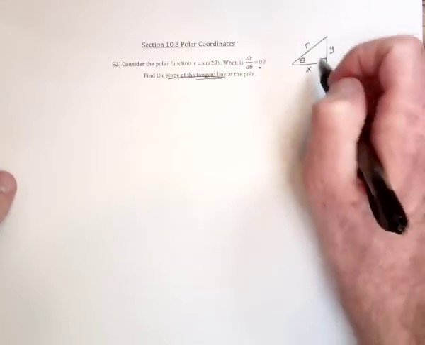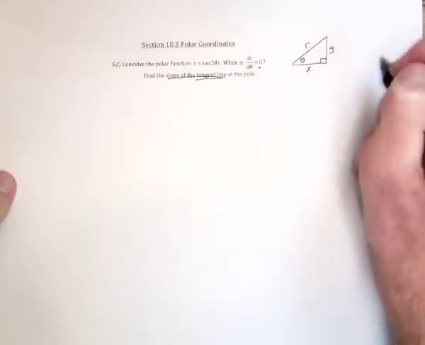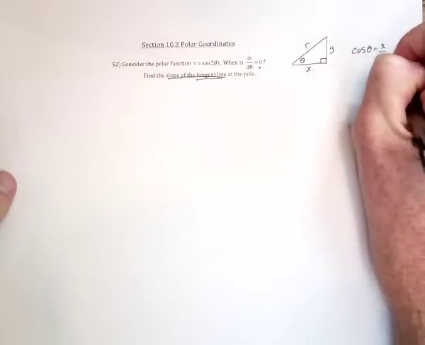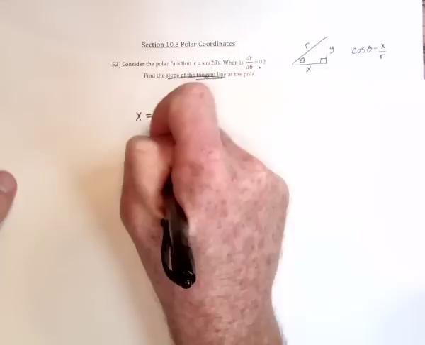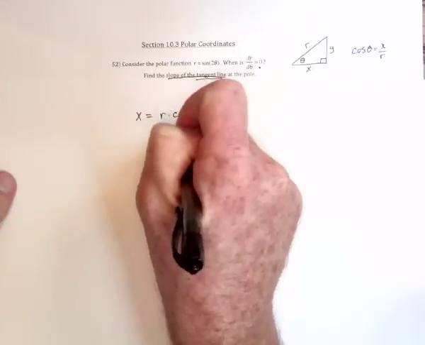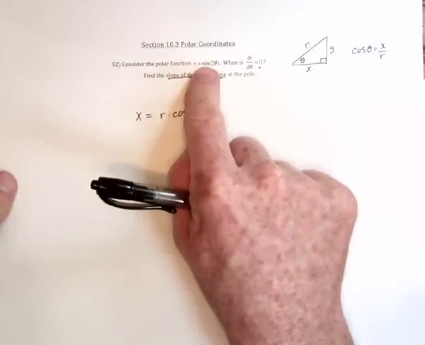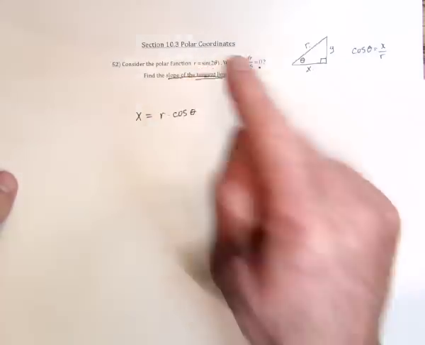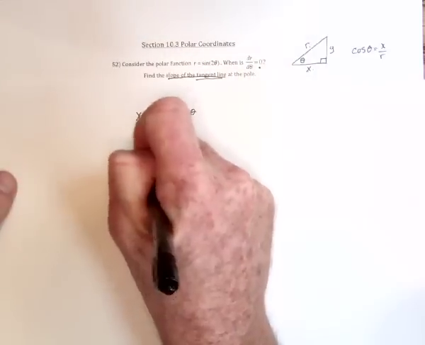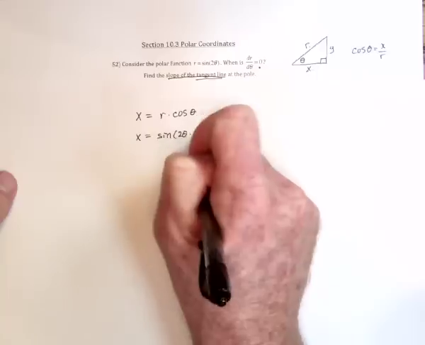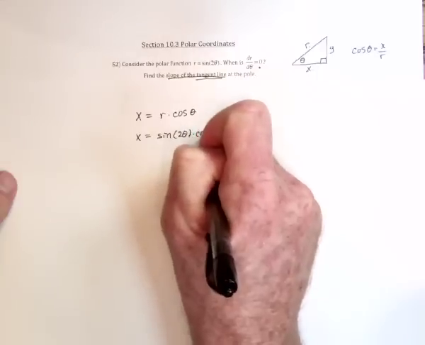Let's see, so if I use this side and this side, that's going to be cosine of theta equals x over r. So that means x is equal to r times cosine of theta. And for my particular function, r is equal to this. So in other words, x is equal to sine of 2 theta times cosine of theta.